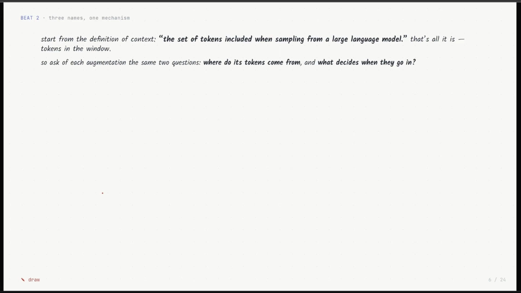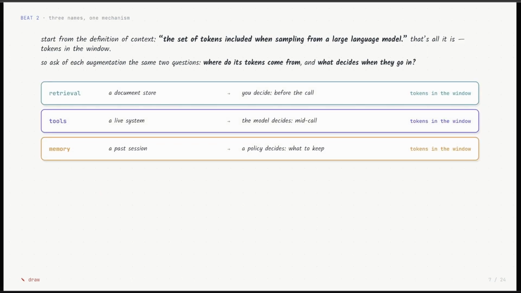So, context, defined by Anthropic, is basically the set of tokens included when sampling from a large language model. So, it's basically when the LLM is gonna be answering a question, what's the context that it's using? It's the amount of tokens that you're inputting, basically. So ask the same two questions of each augmentation. Where do its tokens come from, and what decides when they go in?